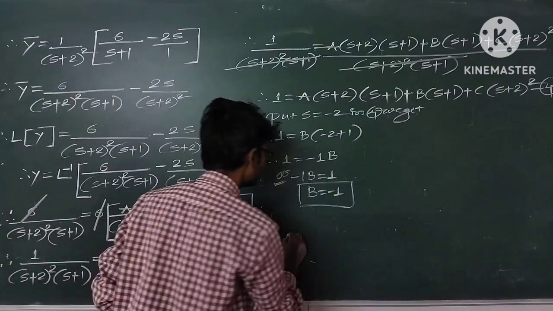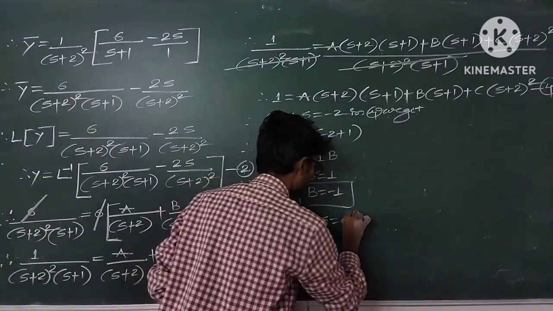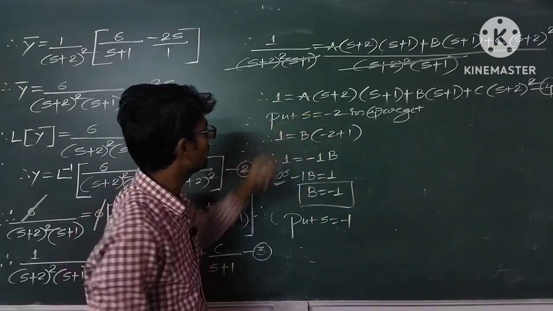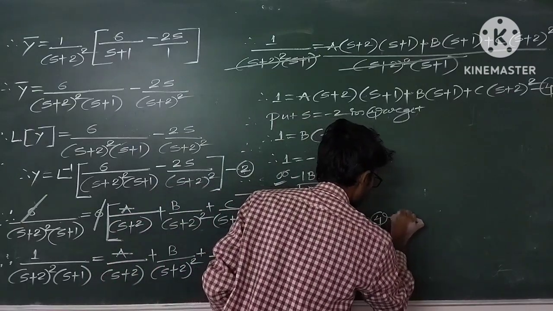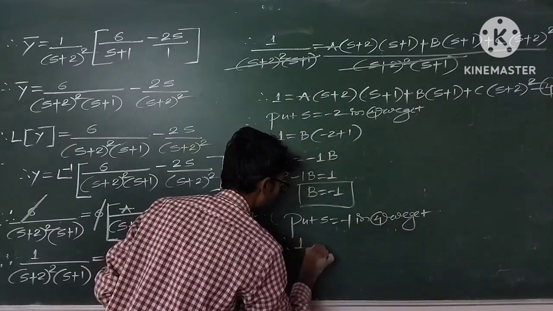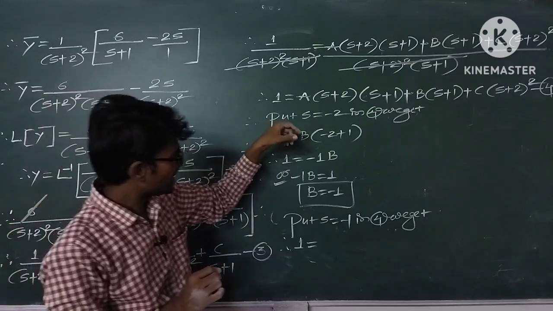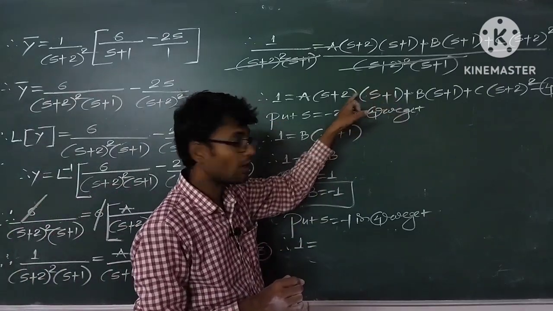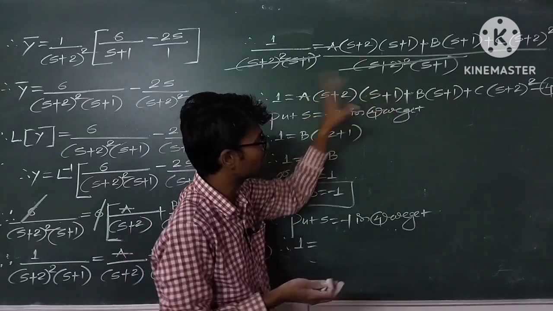Next you take the value of s equal to minus 1 in equation 4. So therefore you will get 1 is equal to: minus 1 plus 1 is 0, 0 into (s plus 2) is 0, 0 into A is 0, so this whole term becomes 0.